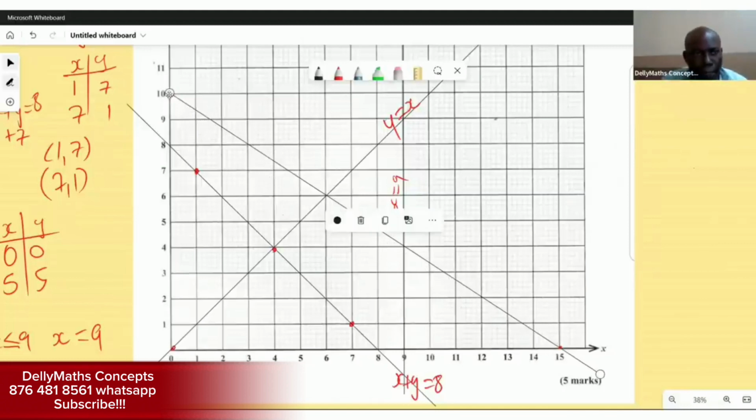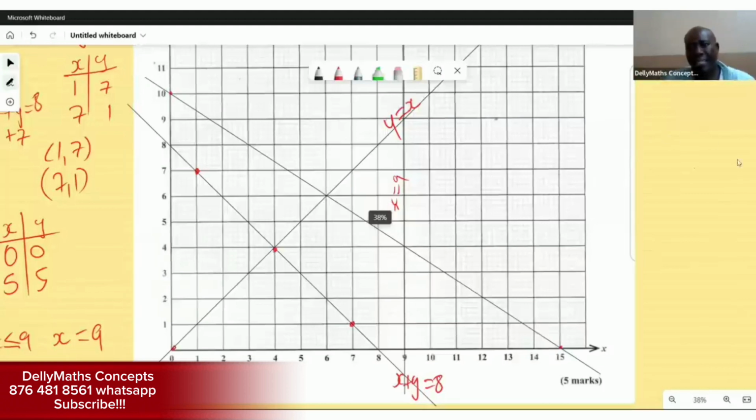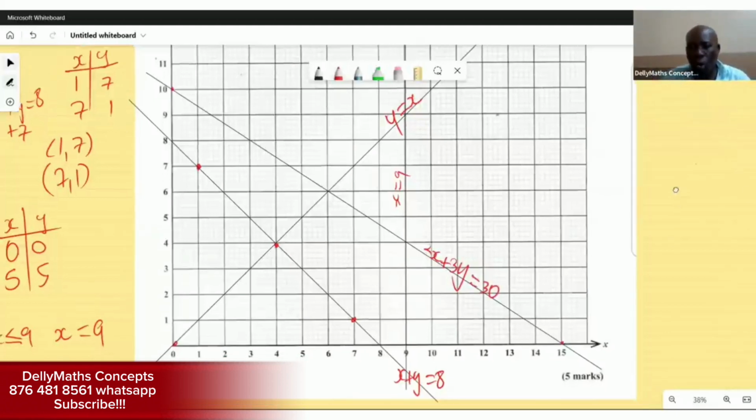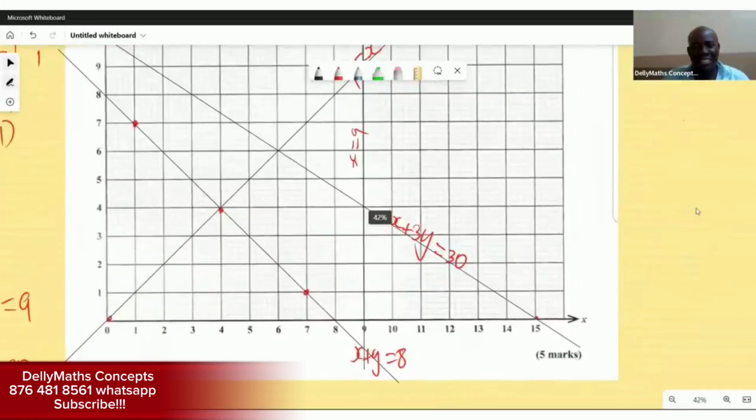That's my line right there, which is 2x plus 3y is equal to 30. So let's blow up our lines and look at them. This is it.